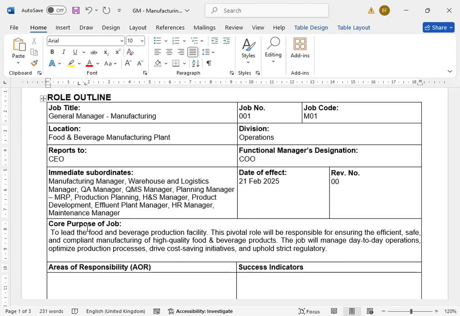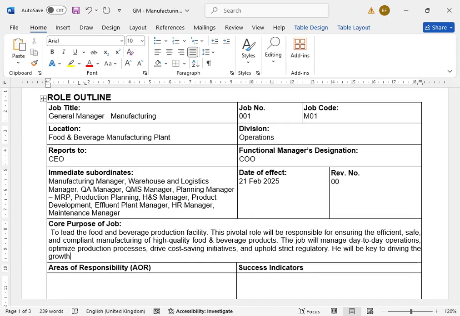So he will be key to driving the growth and the CI or continuous improvement of the manufacturing operations.